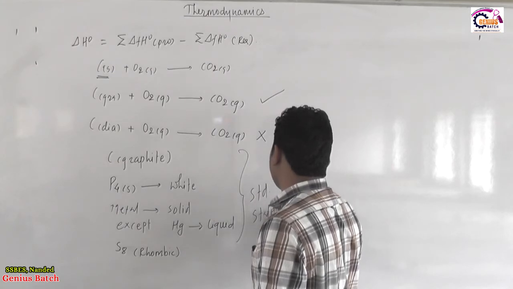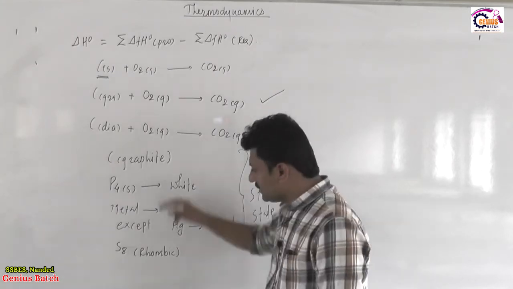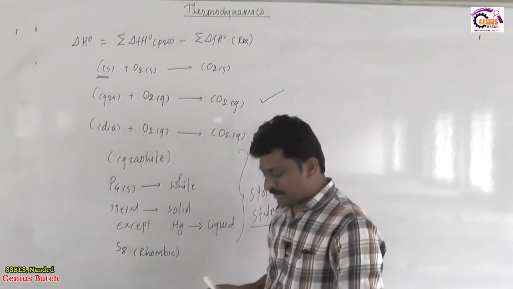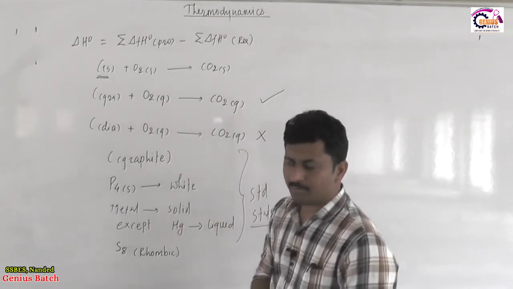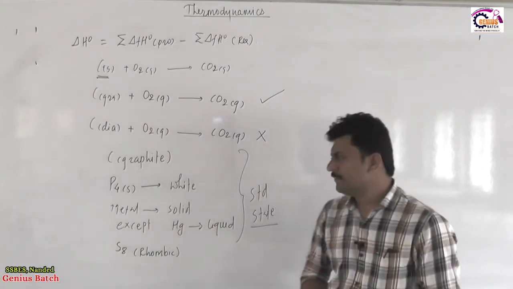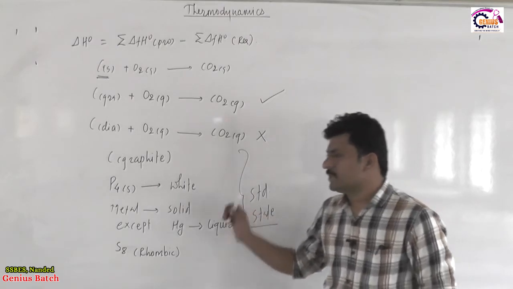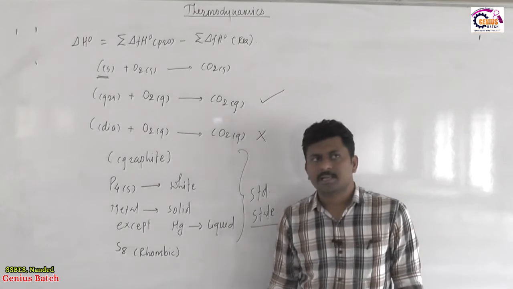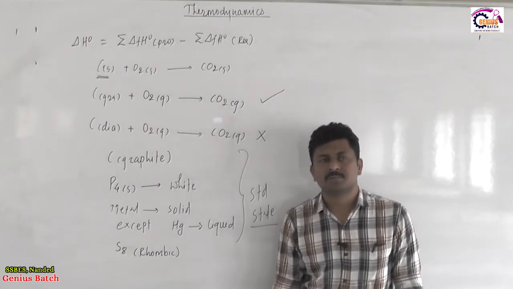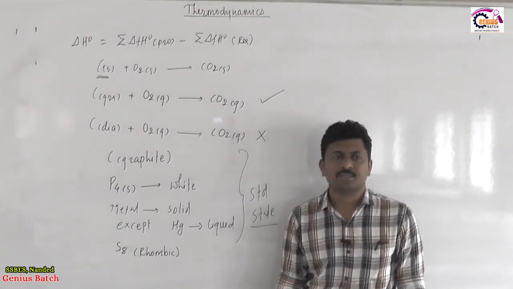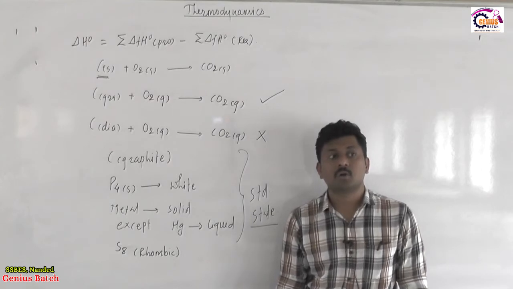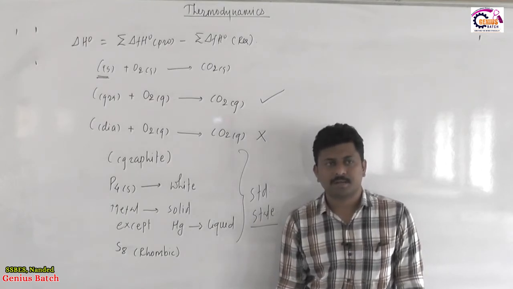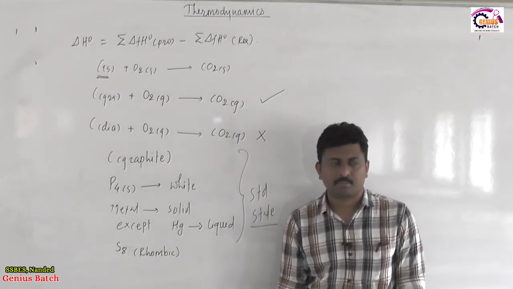So the corresponding equation involving these states of a particular element will be their standard formation equation. If it is given that black phosphorus reacts with oxygen and converts to phosphorus pentoxide, then that is a formation of phosphorus pentoxide. The reaction is a formation reaction but not standard, because it started with black phosphorus.